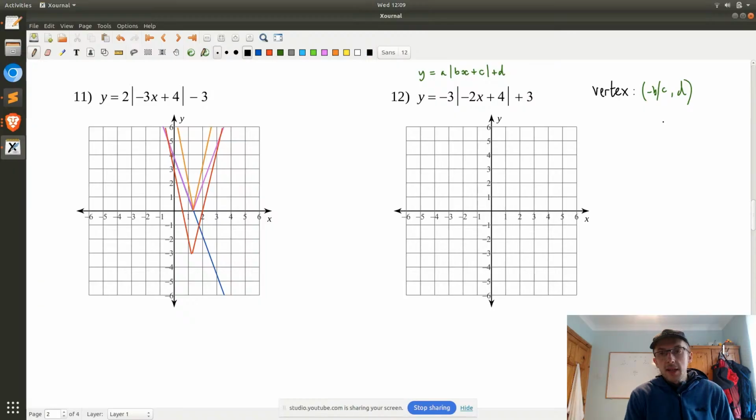So in this particular case, it would be minus minus 2. Beg your pardon, that's not right. Minus c over b comma d.